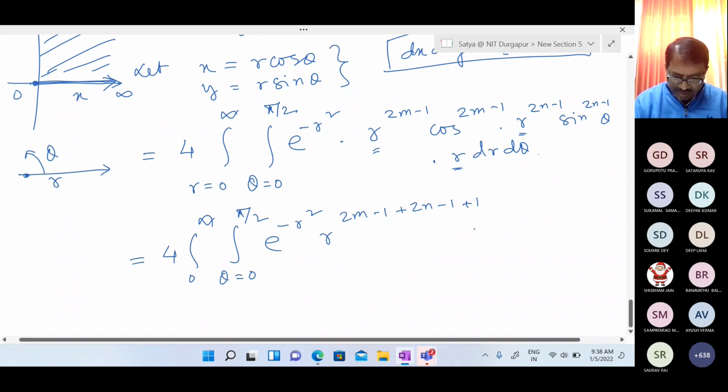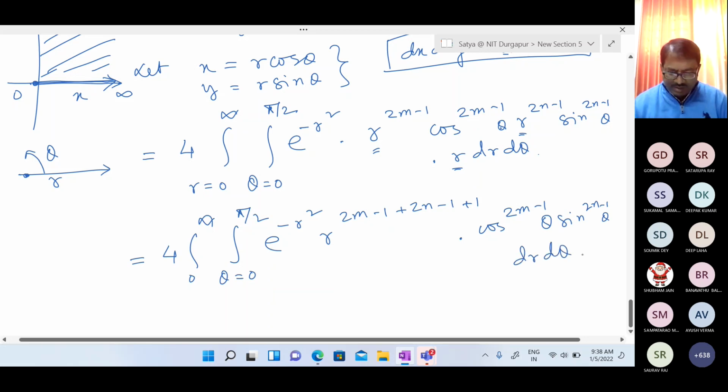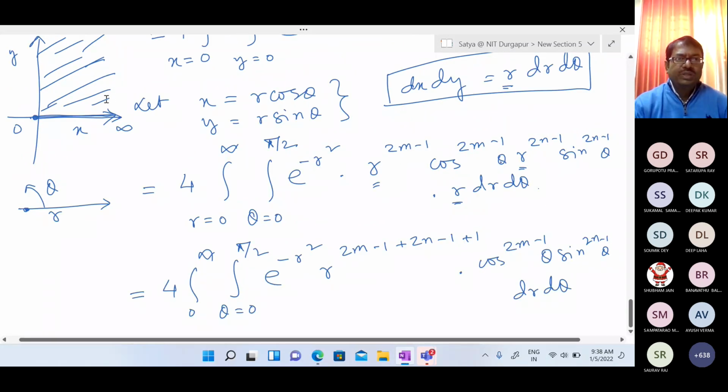And the theta part is cos to the power 2m minus 1 theta sine to the power 2n minus 1 theta dr d theta. And since this region is such that theta is not dependent on the r axis, you can just separate it again.